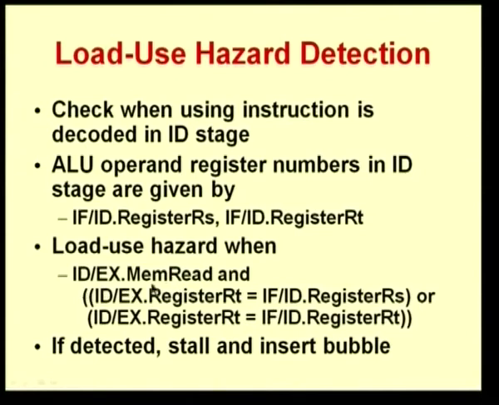So ID/EX.MemRead and ID/EX.RegisterRt is equal to IF/ID.RegisterRs, or ID/EX.RegisterRt is equal to IF/ID.RegisterRt. If this condition is met, then you say that we are detecting the hazard and therefore we will stall.